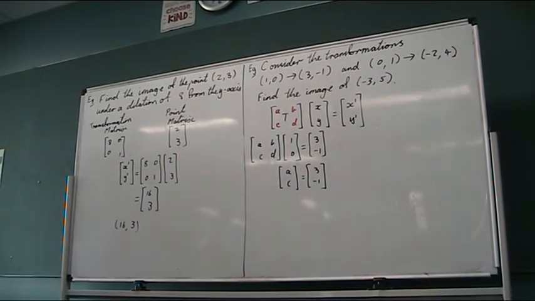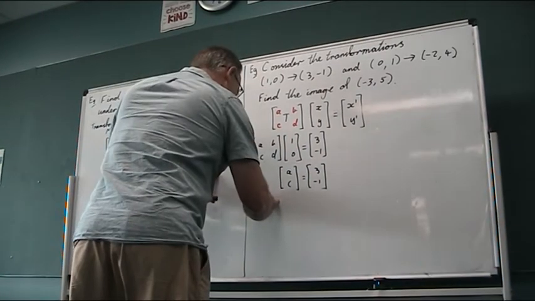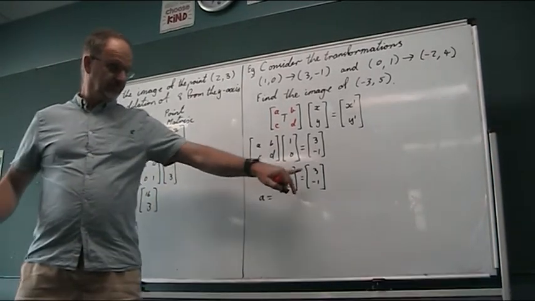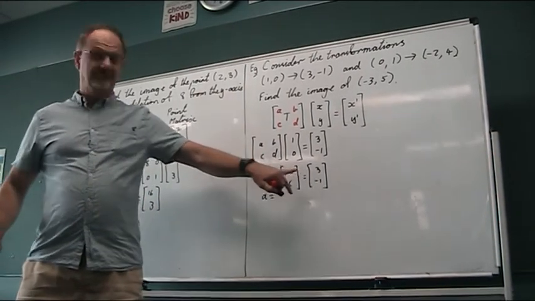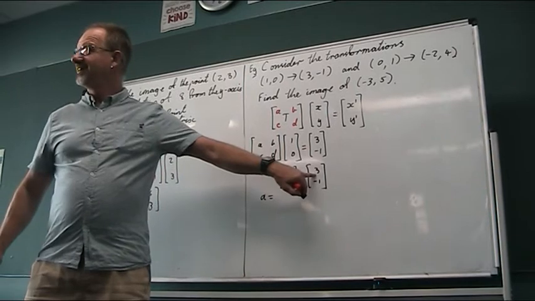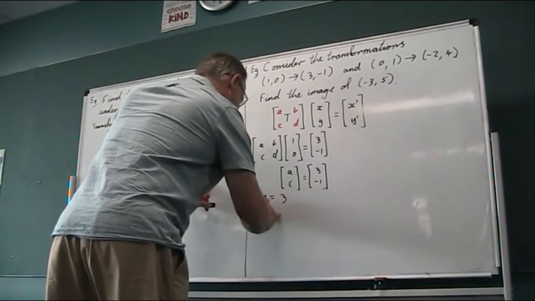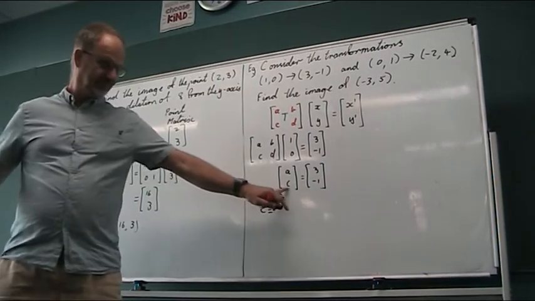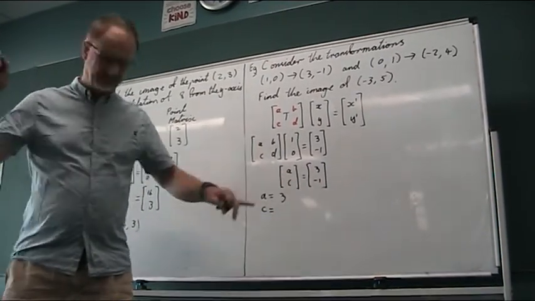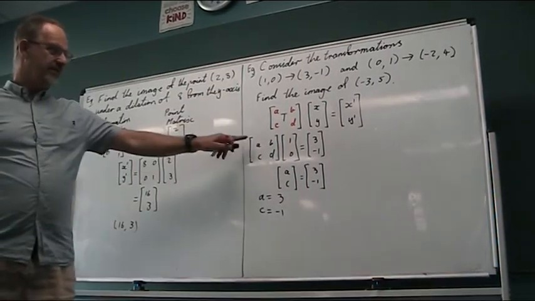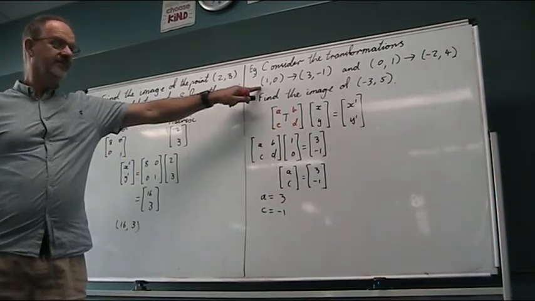So from this, we can conclude that A has a value of 3, and C has a value of -1. All right, so that's the first point.